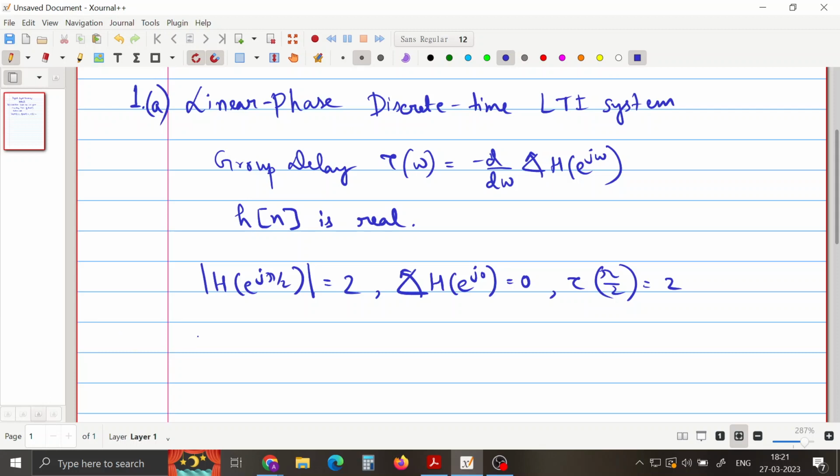Now we need to find the output when the input is, let's say, x of n is cos pi by 2 n.